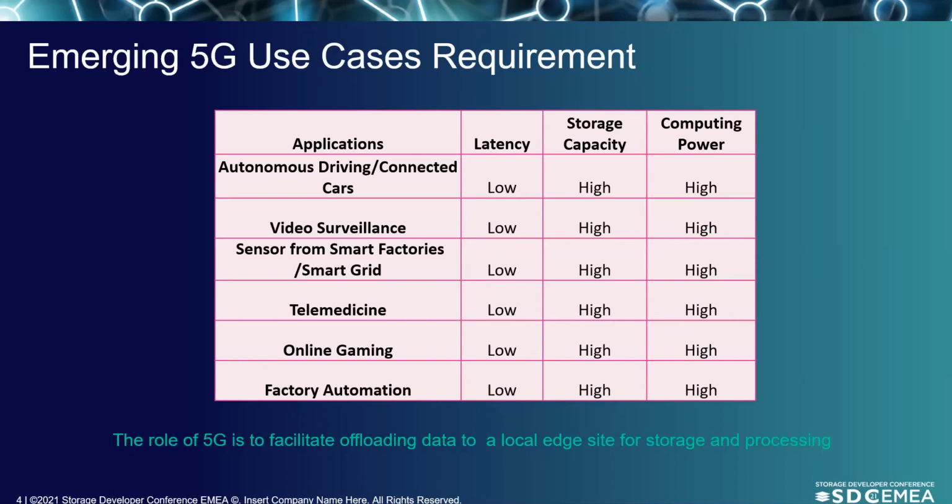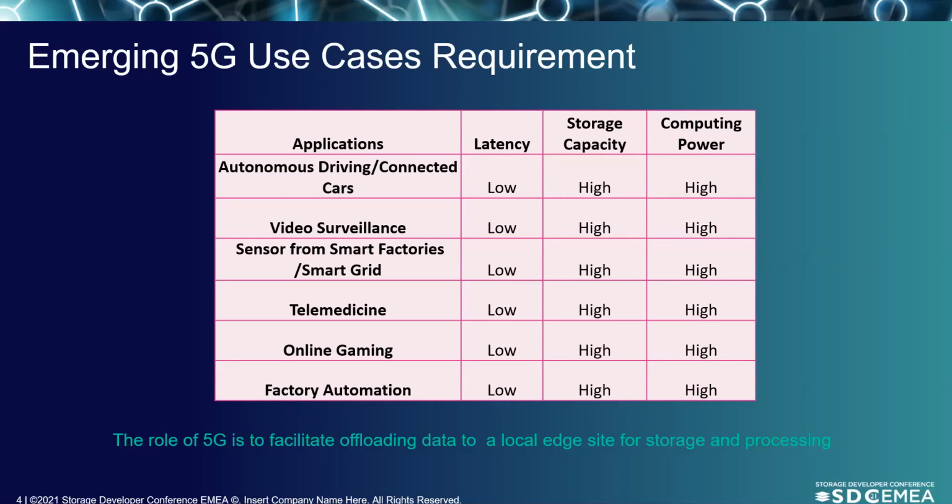The third use case is about sensors that will be running in smart factories or in the smart grid. Assuming that you have 10,000 sensors and each sensor sends 1 kilobyte of reading per second, it translates to 3.6 terabytes per hour over 5G.